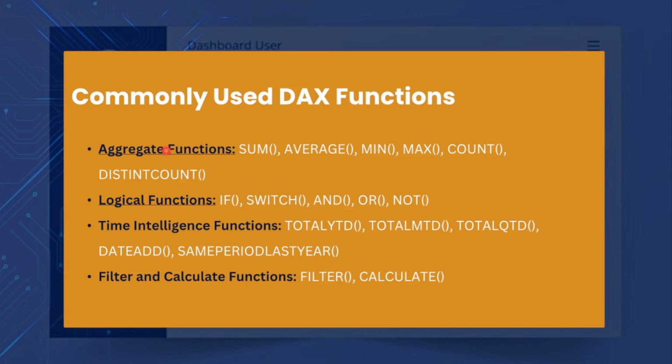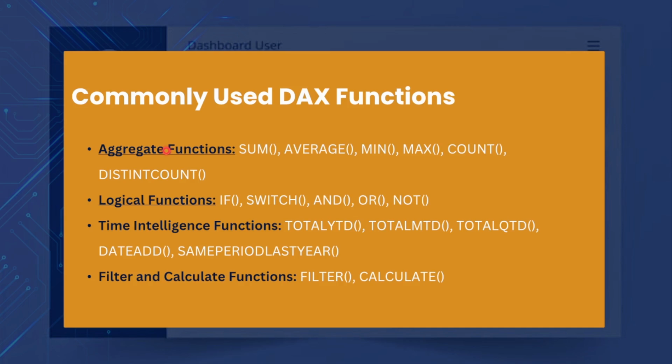And then you have the filter and calculate functions. The filter helps you to filter out some things when you're trying to do your calculation, and the calculate function is the kind of dynamic function that helps you to do some calculation and also add some filter to your calculation. You want to do some calculation, but you want to do it based on a condition.